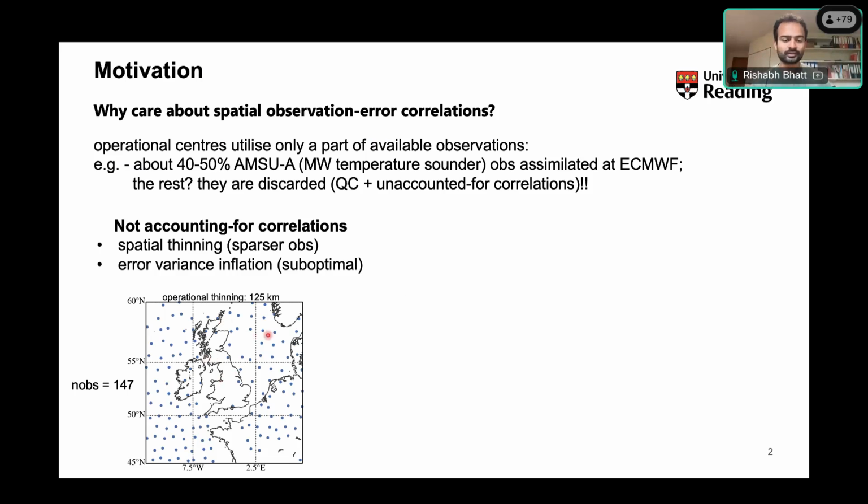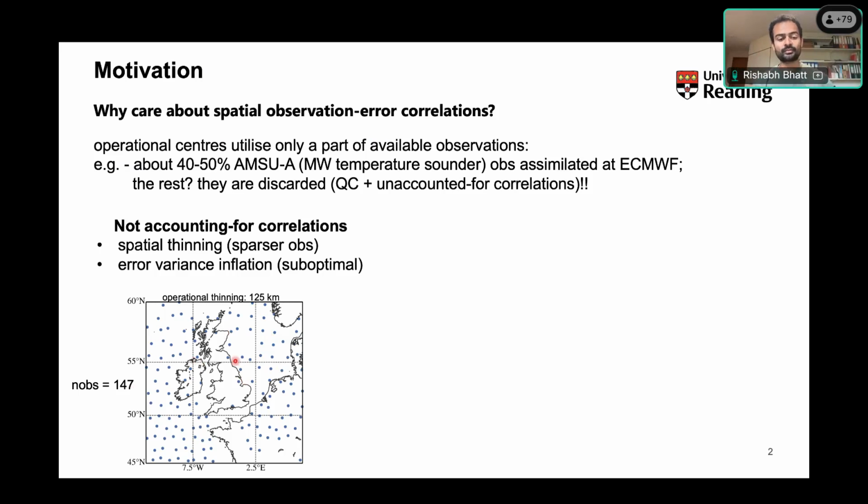Here it's the operational thinning applied at ECMWF, which is around 125 kilometers. This means you have one observation per 125 by 125 kilometer grid box. So for this area, you have a total of 147 observations.